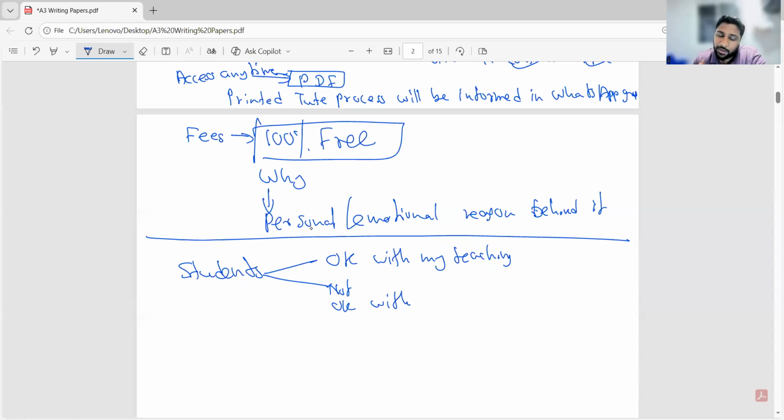Certain students will like my teaching, and certain students will not. So if the students are okay with my teaching, they will continue my classes. The students who are not okay with my teaching will move to another class.